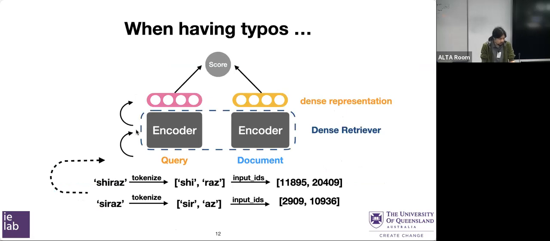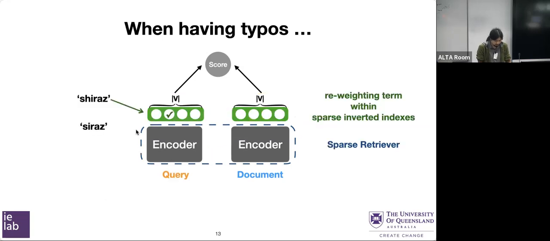So what happened when you put these typo queries into the dense retrievers? The query's text will first be tokenized, and as you can see, it is tokenized into different parts, and that may cause a difference in the embeddings.